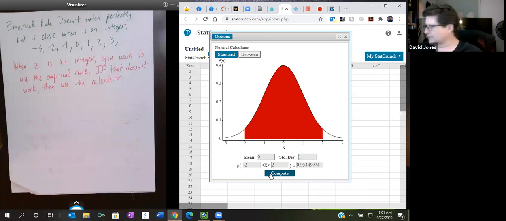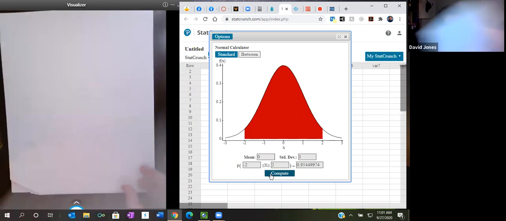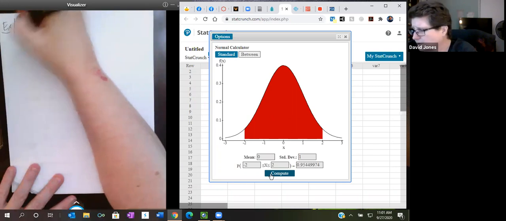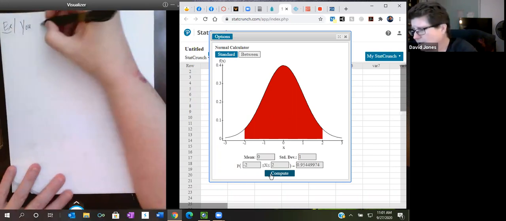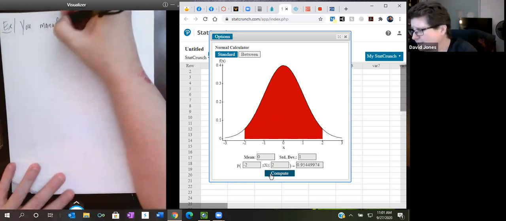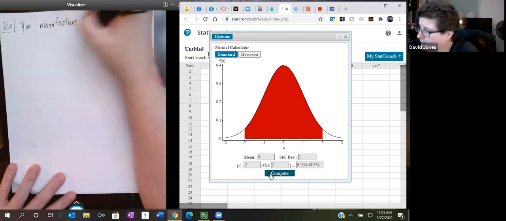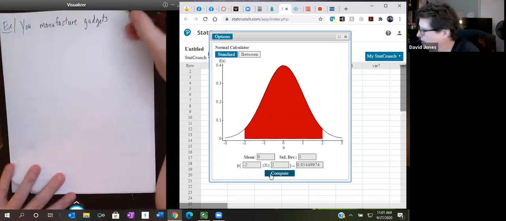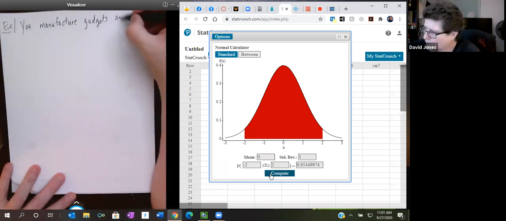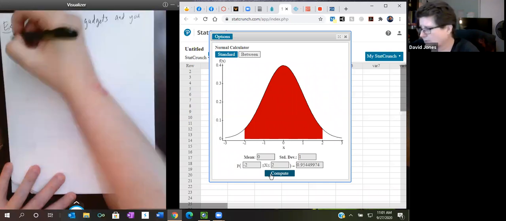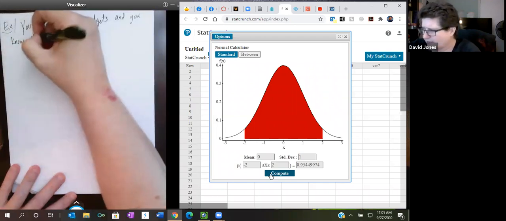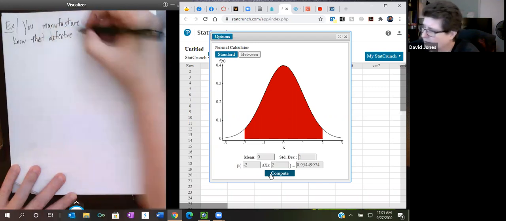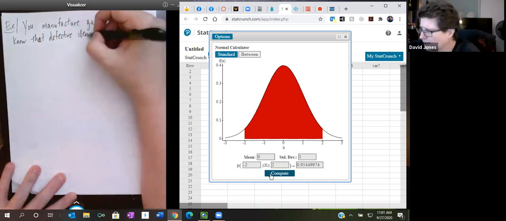Where are examples of this in real life? Let's talk about some examples of this in reality. Let's say you're a manufacturer. You manufacture gadgets. And you know that defective items deviate a lot from the mean.